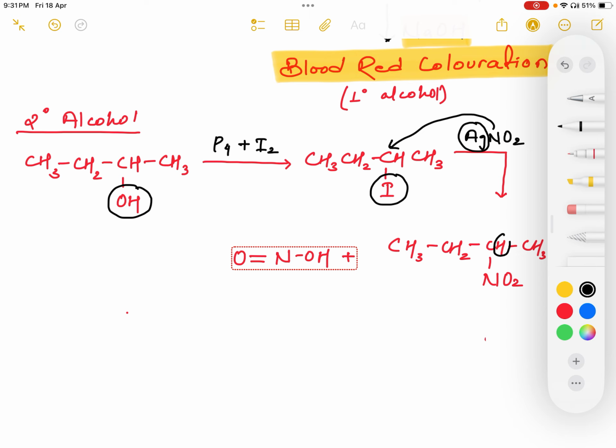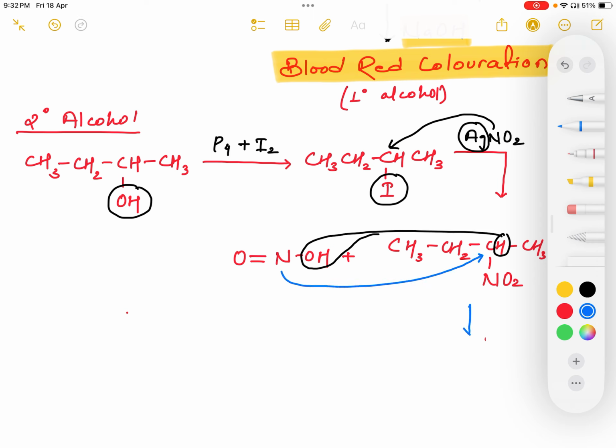It has one hydrogen, and this will be taken away by this OH group in order to liberate water, and the remaining N double bond O group will be attaching with the carbon. This group will come and attach with this carbon so that it will form a product like this: CH3, CH2, C, CH3. Here you have an NO2 group, and right with it, you have N double bond O. So this is what we call pseudonitrole.